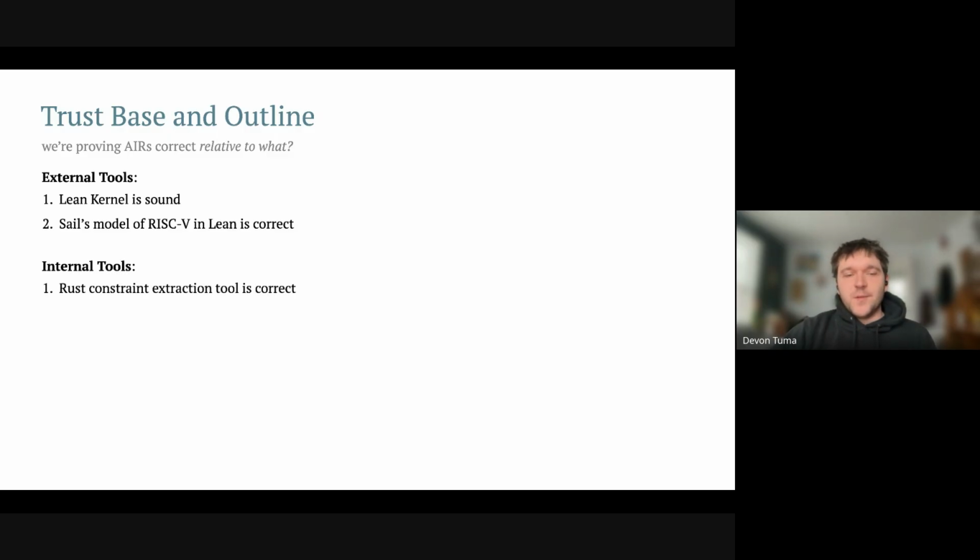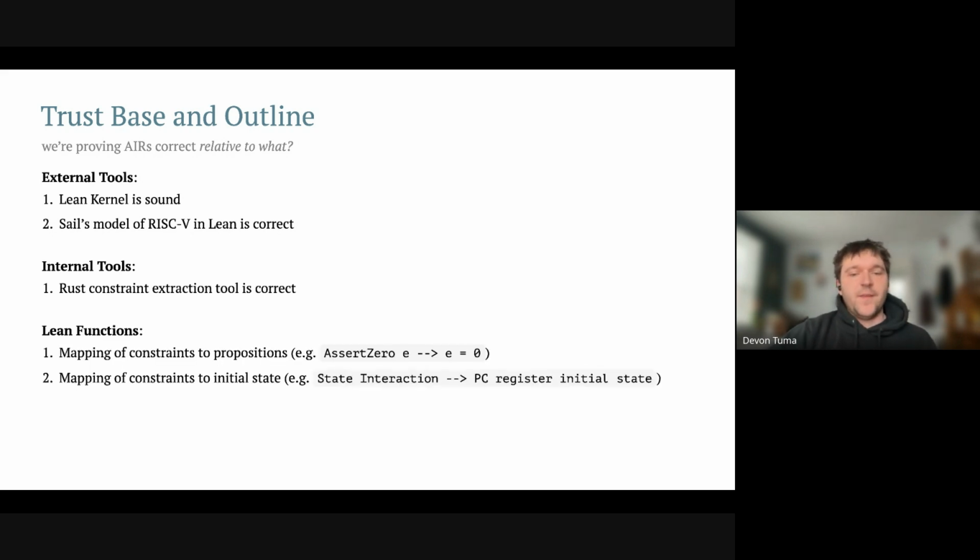We have a custom extraction tool that we built to extract the constraints from Rust to Lean. This is just an SP1 tool for symbolic execution, so there is maybe some more risk there. And then we also have some assumptions we make eventually in Lean that I'll talk about more later.